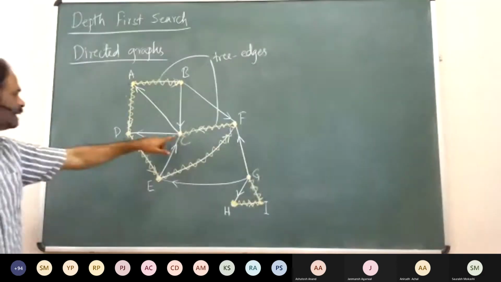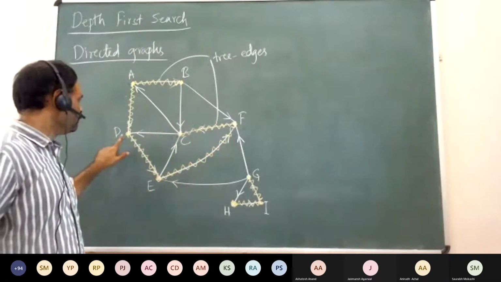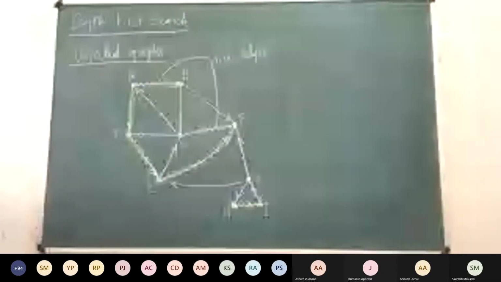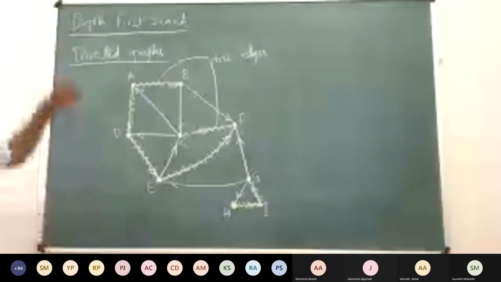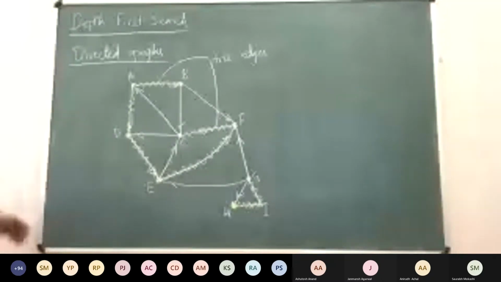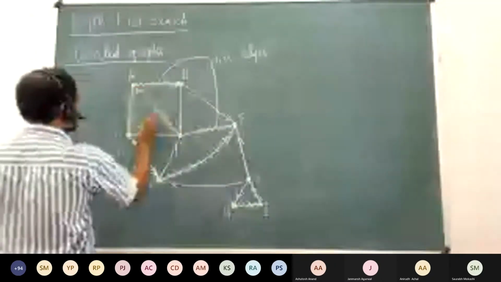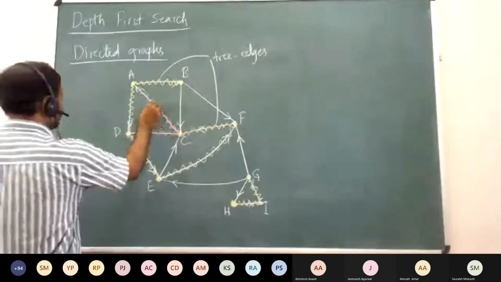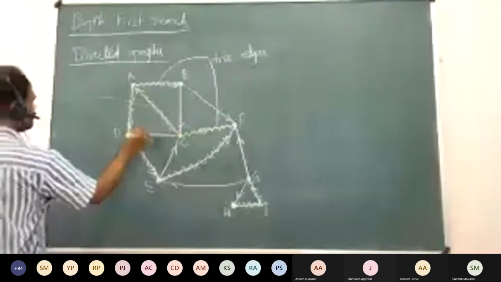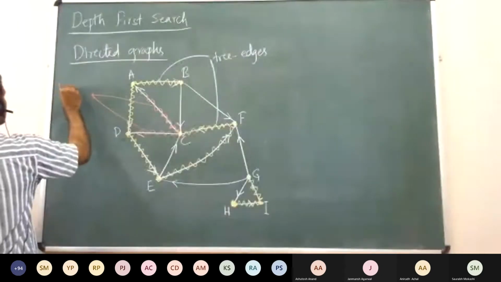Notice that C is a descendant of F, E, A and D, right? Now we call these edges which are going from descendant to ancestor, right? So these are special edges. They are going from descendant to ancestor, right? These edges we call back edges. They are going back in the traversal. These are back edges.